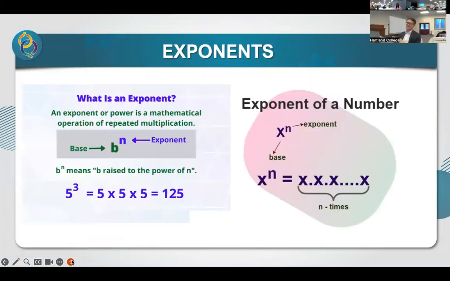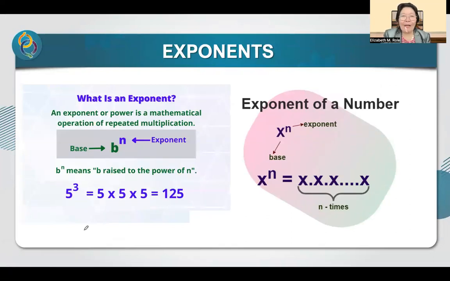Now, we already talked about some exponents. We did some operations on exponents a while ago, but just to remind us of the different terms. The power that we put on top after the variable or after the number is called an exponent. It is a mathematical operation of repeated multiplication.